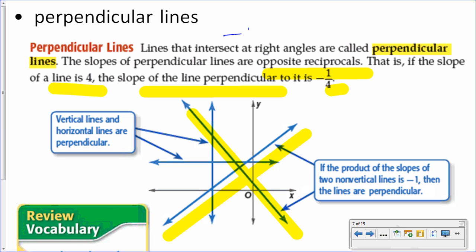What's the opposite reciprocal of 1? Negative 1. What's the opposite reciprocal of 1 over 2? 2 over 1, then I have to attach what to it? A negative.